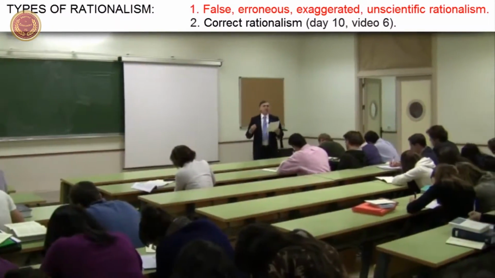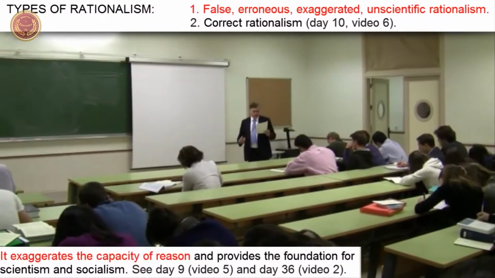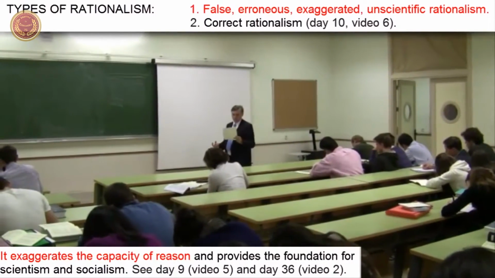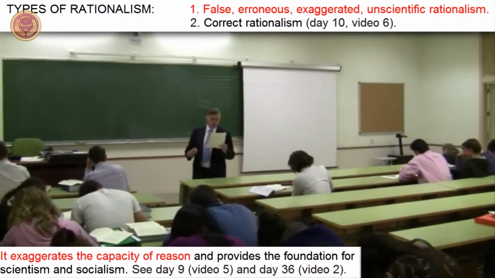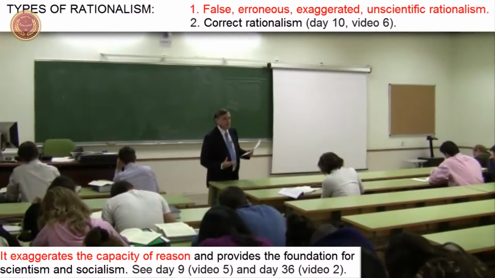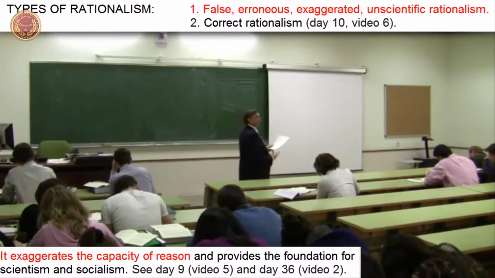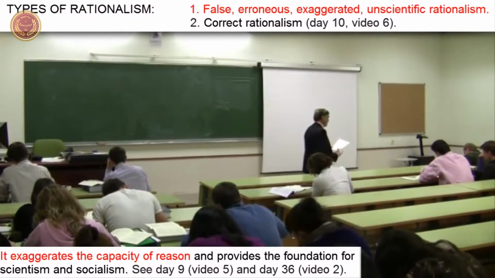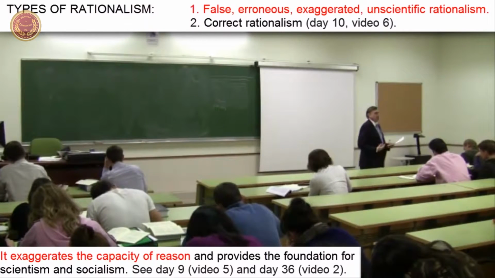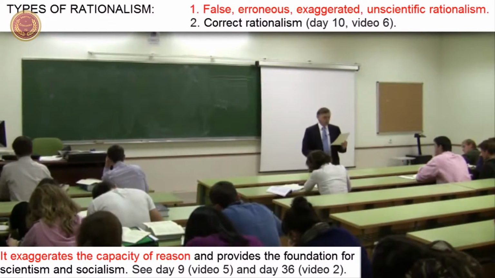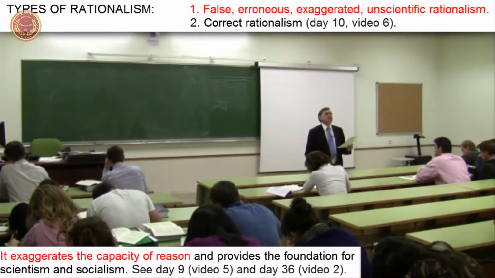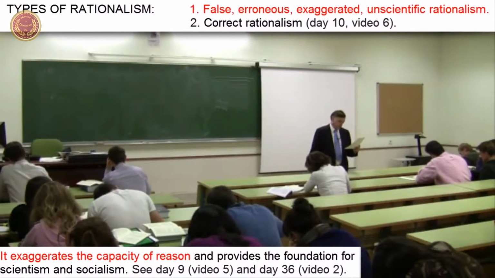It consists of the assumption that the human mind is much more powerful than it really is. It consists of the belief that through reason, man can come to know much more than human reason could ever tell him in reality. Well, this exaggerated, erroneous rationalism provides the foundation for the scientificism, the scientism, the positivism we have discussed in previous classes.